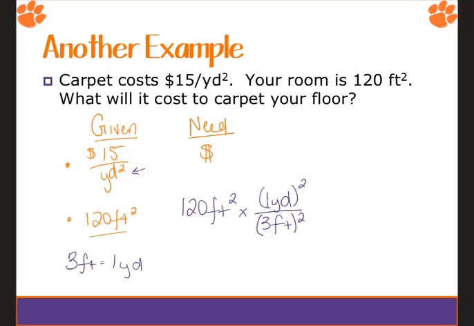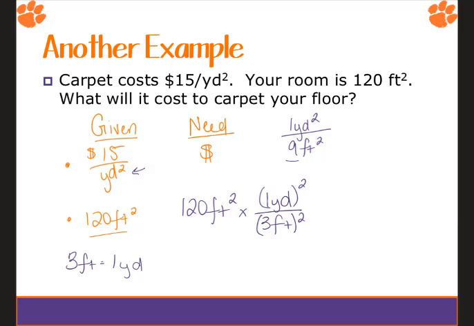If it helps your thought process, you can also just write it after you do out the math. So instead of writing 3 feet squared and then 1 yard squared, you can just write 1 yard squared and then, already having squared the 3, 9 feet squared. Either way is fine.